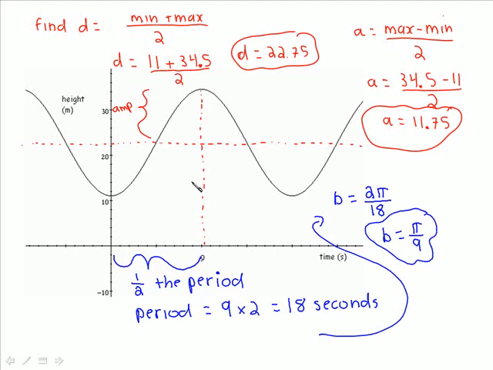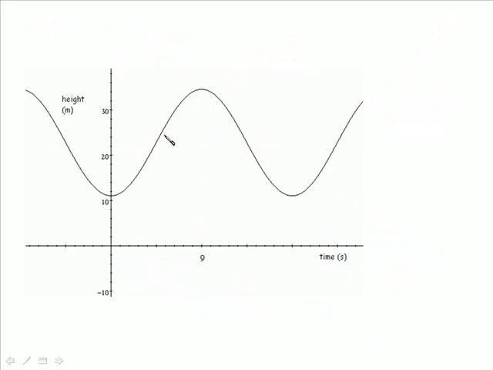So let's put this whole thing together. Now our graph is centered at 22.75. If we wanted to call this a graph in its simplest form, we should be aware that this is a form h at t equal to a cosine curve.